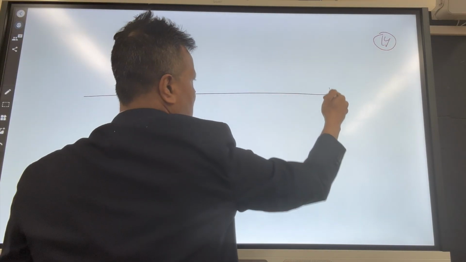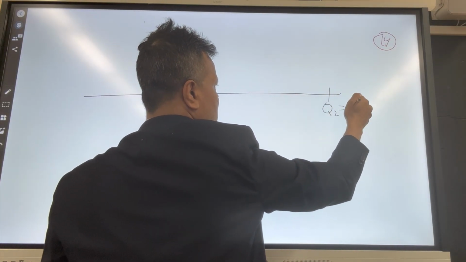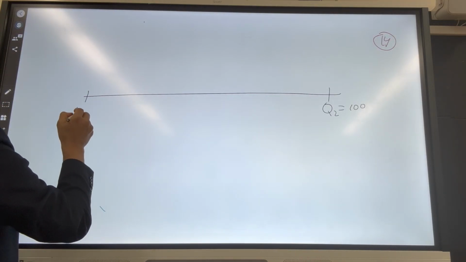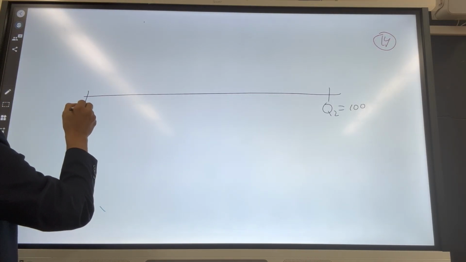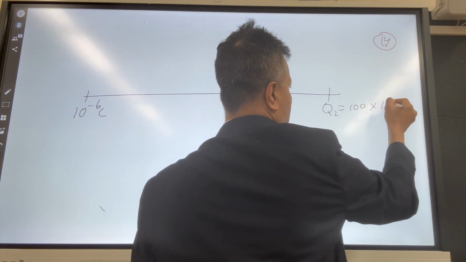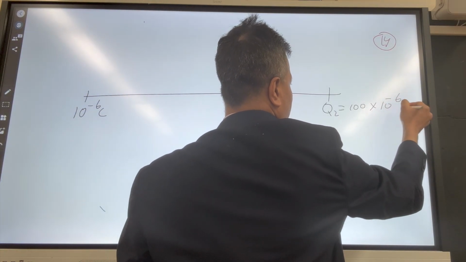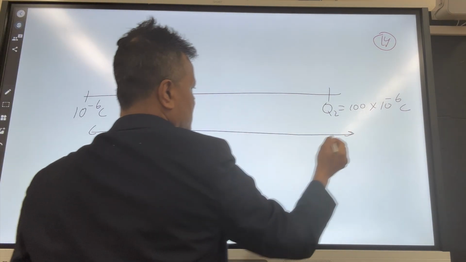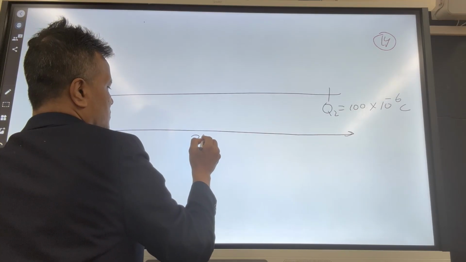Problem 14. I gave you Q1, which is 1 microcoulomb, and Q2, which is 100 microcoulomb. There is a distance between these two, and let's call it 22 meter.